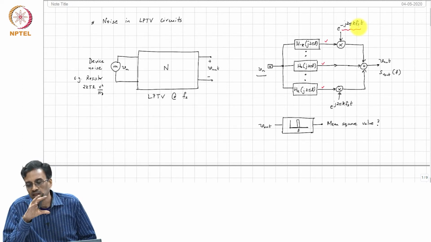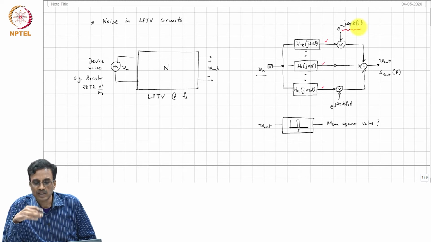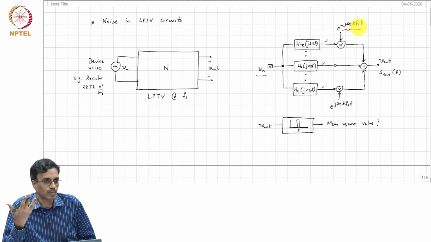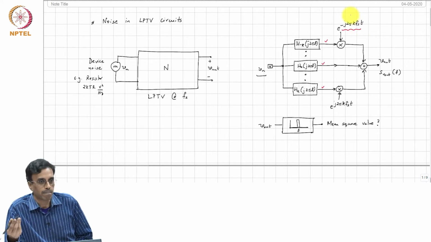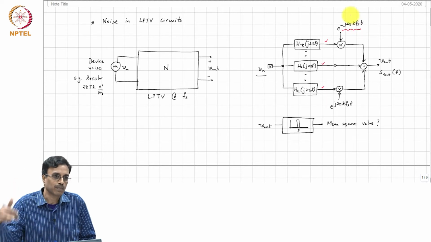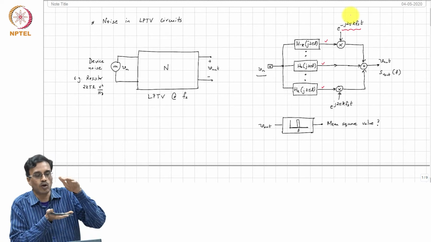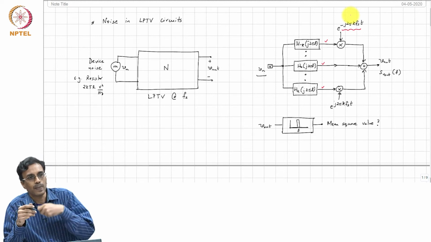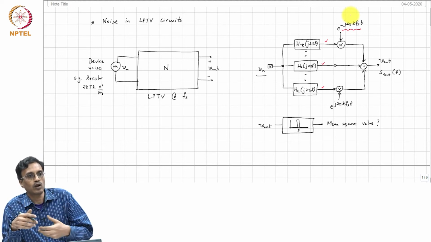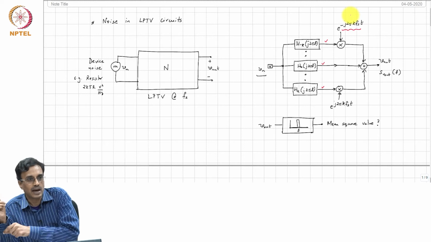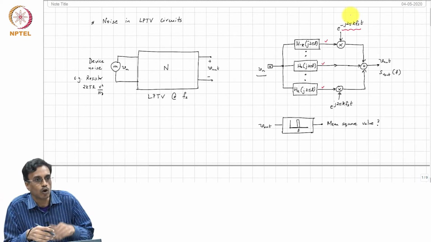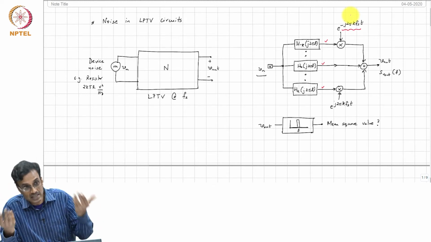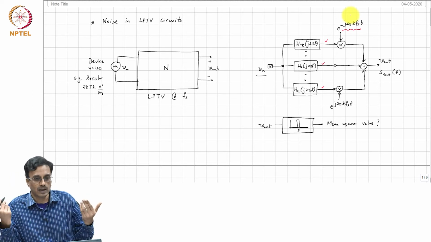So, the mean, the variance and other statistical properties of the noise will depend on time, because you are taking a noise process which is stationary and passing it through a gain which is changing with time. So, it is only natural that the output also has statistical properties that change with time.